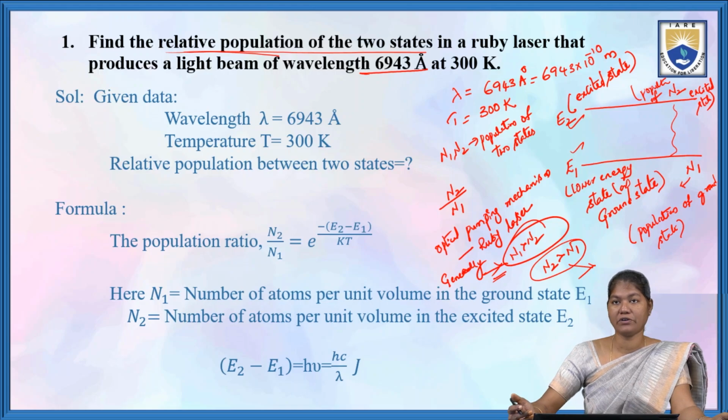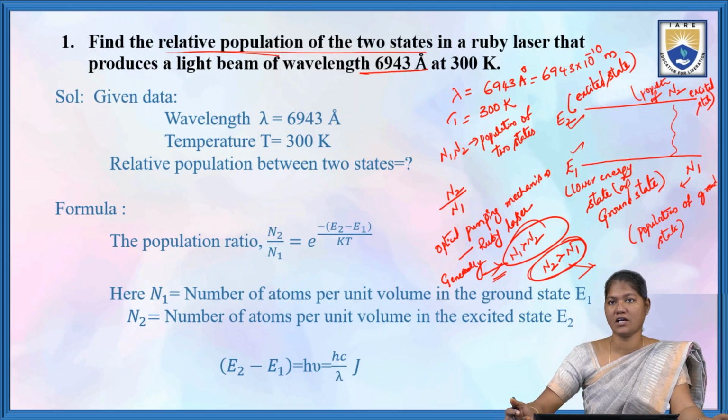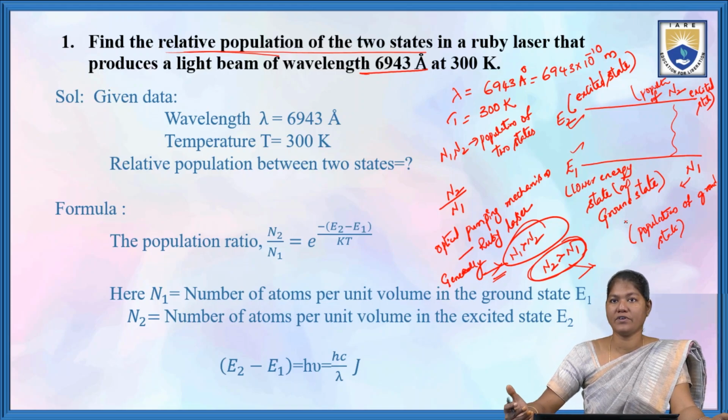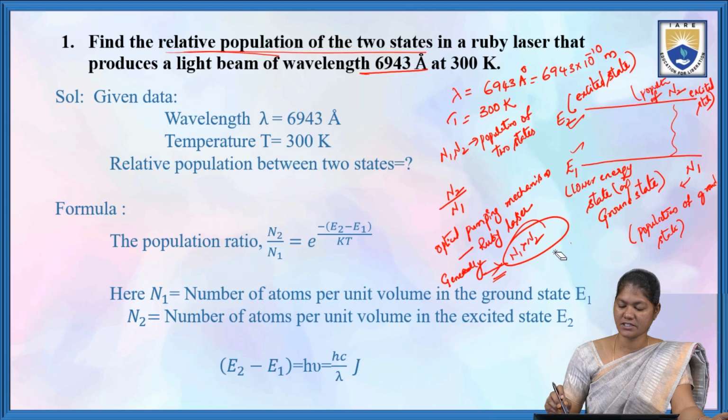We have different mechanisms to excite the atoms to the higher energy state so that this condition is satisfied. When N2 is greater than N1, we can get laser light, that is, stimulated emission takes place. So we use optical pumping in the ruby laser.